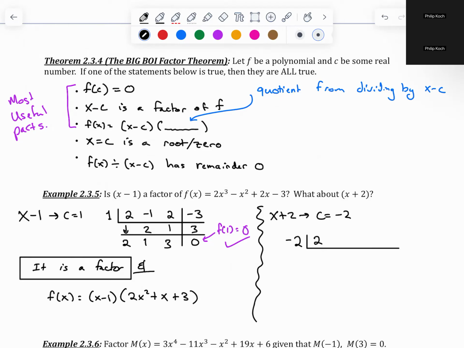But if it is a factor, you're going to need to long divide anyways. So 2x cubed minus 1x squared plus 2x minus 3. Synthetically divide. Once again, I'd like you to practice it yourself.